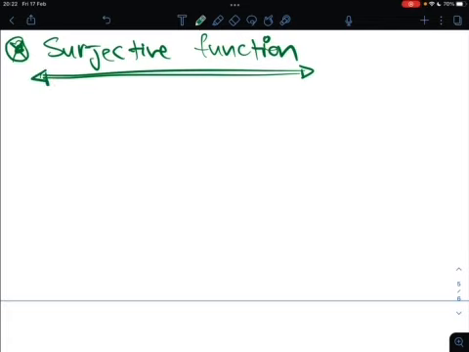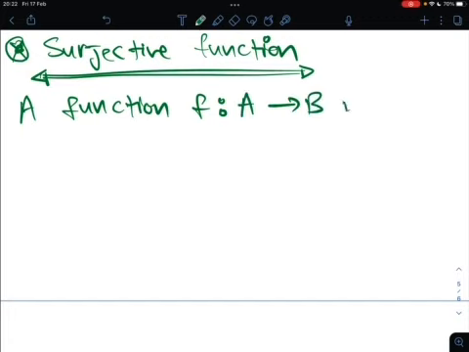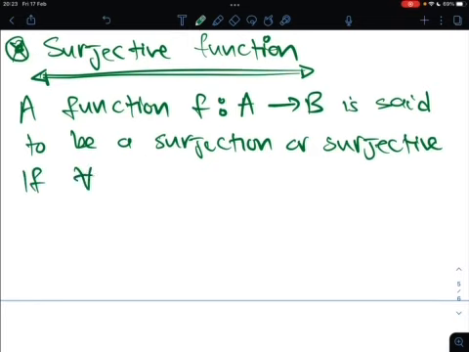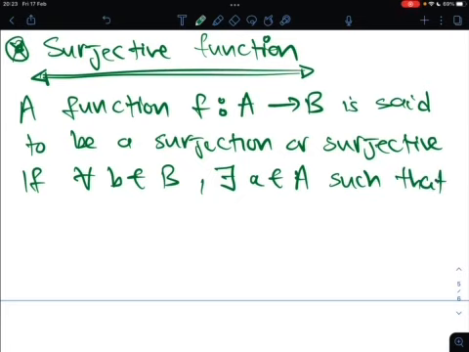You see, a function f from A to B is said to be a surjection or surjective if for all b elements of B there exists an a element of A such that f of a is equal to b. So this is also a definition which is too formal.